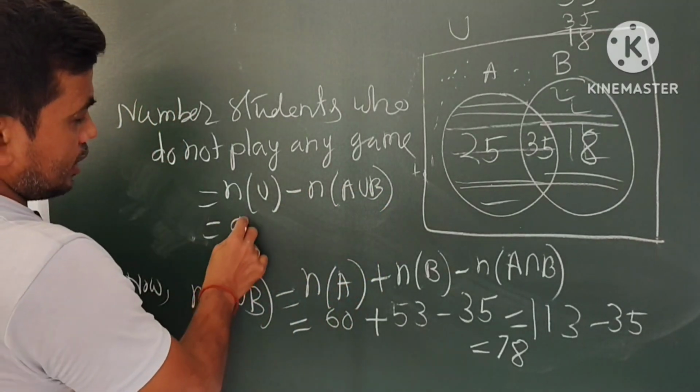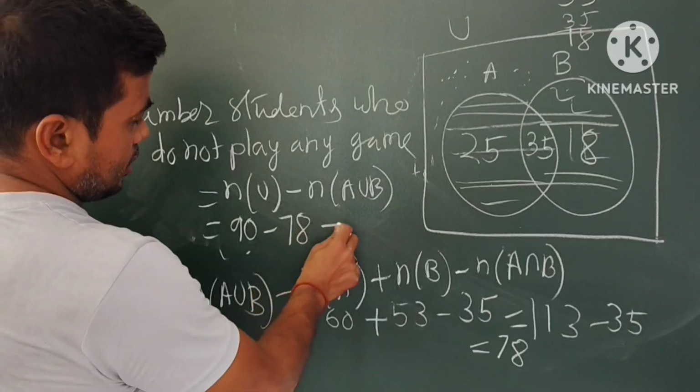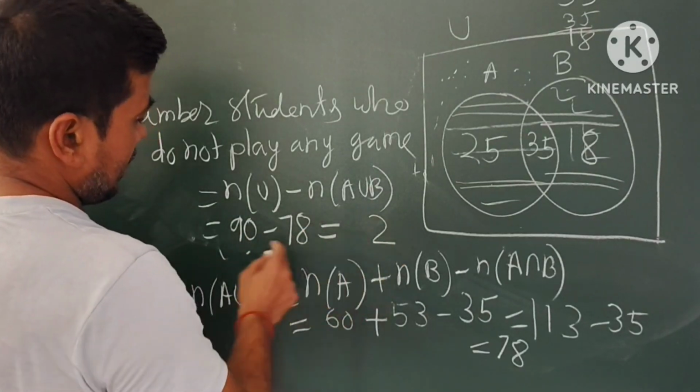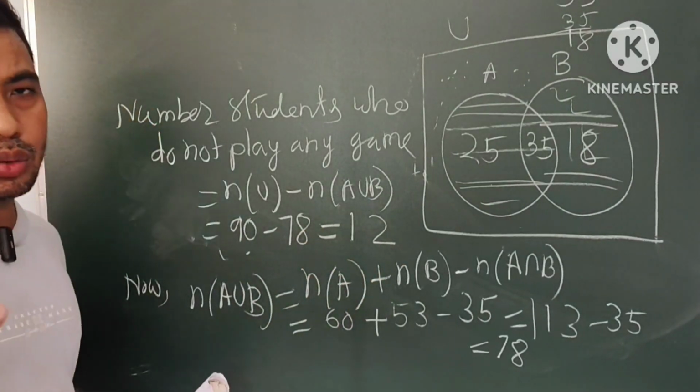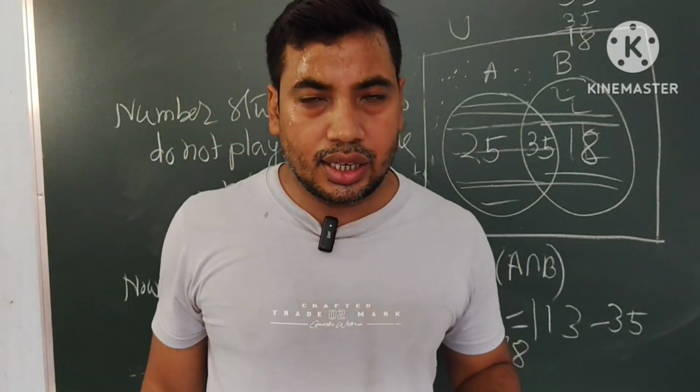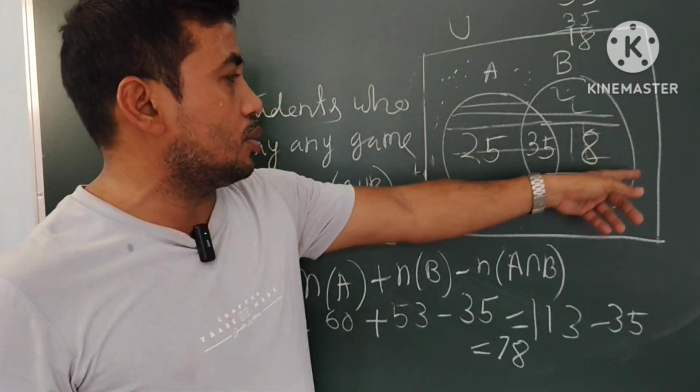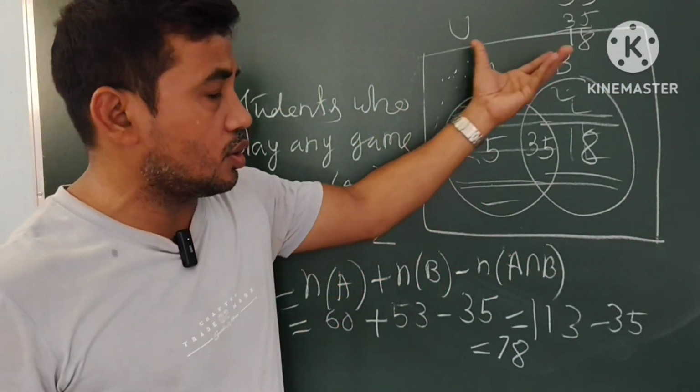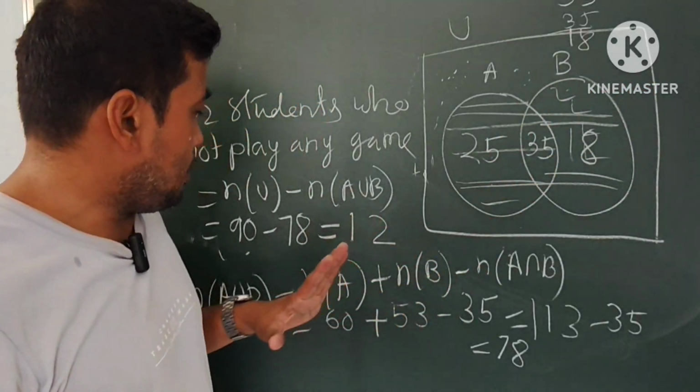That means 90 minus 78, and this is 12. So there are 12 students who do not play any games. That means in this part, outside A union B but inside U, there are 12 elements.